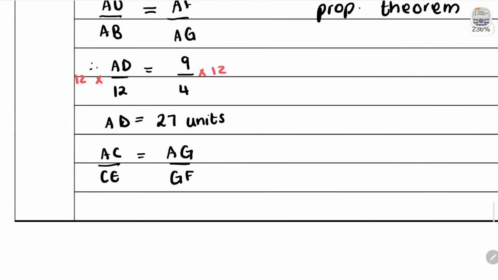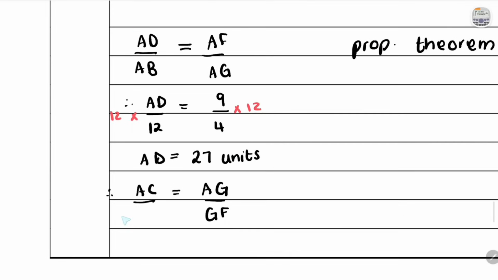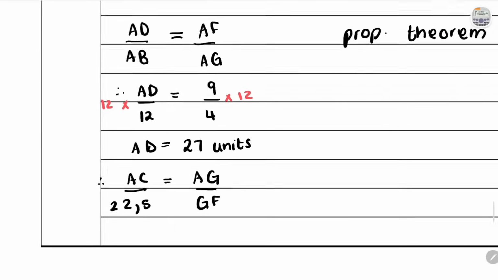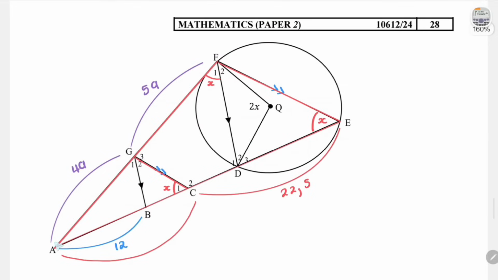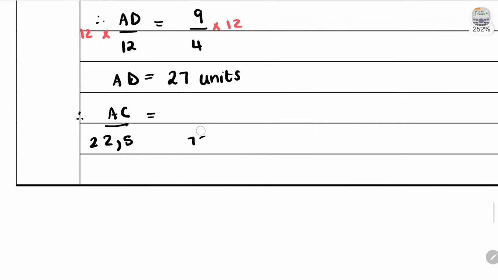So we can just use this idea here, and we're saying AC over CE. Now we know what CE is. They told us that CE is 22.5. So 22.5 is equal to AG over GF, and we know those ratios. AG is 4 and GF is 5. So we can say this is just equal to 4 over 5.